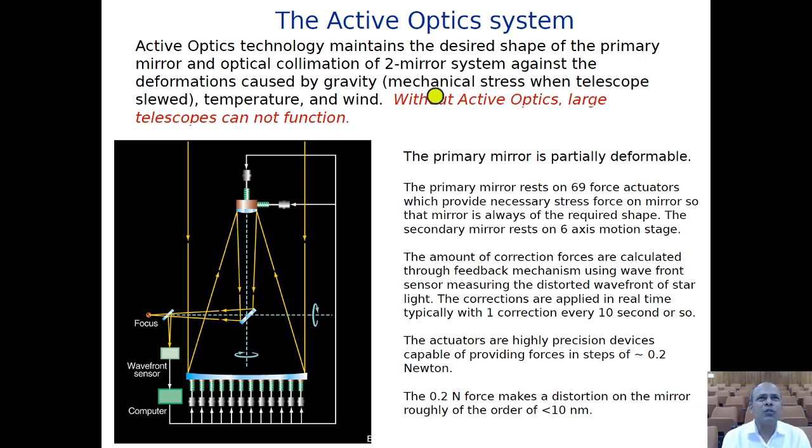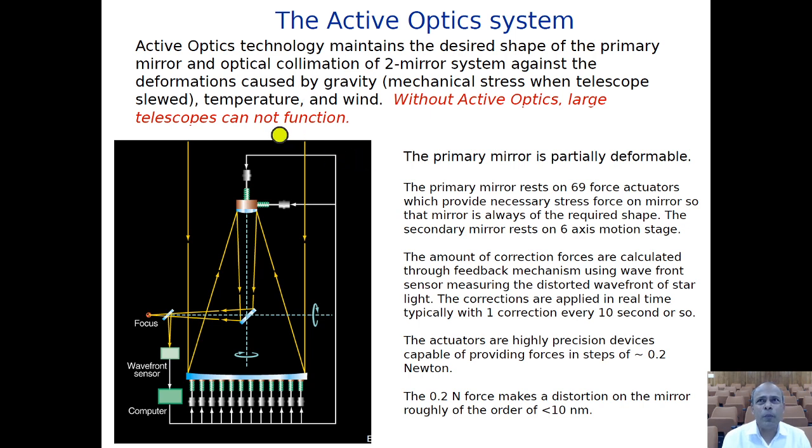These kinds of gravity deformation, and also temperature, because during the night the temperature changes and thermal expansion in the primary and secondary mirrors happens, and also wind, all this deformation affecting the image of a telescope is corrected through this active optics system.